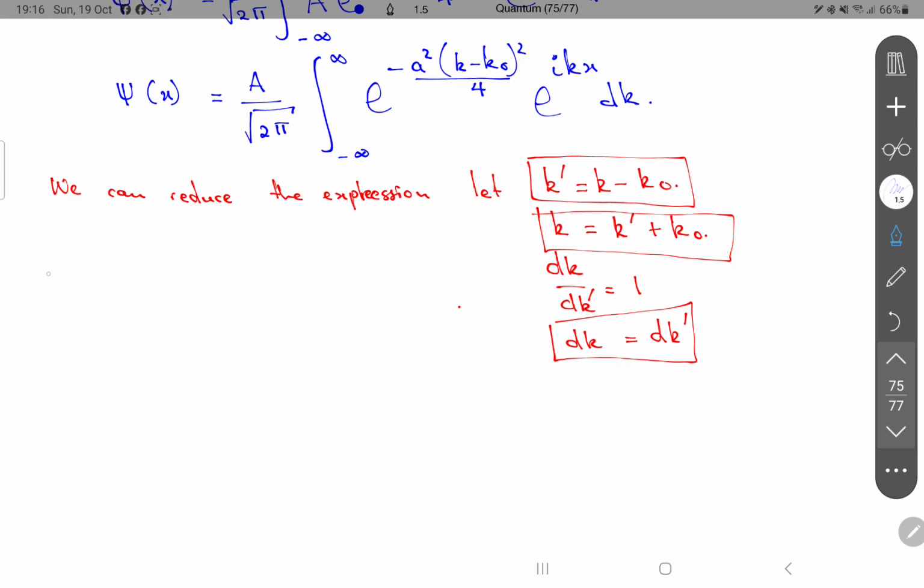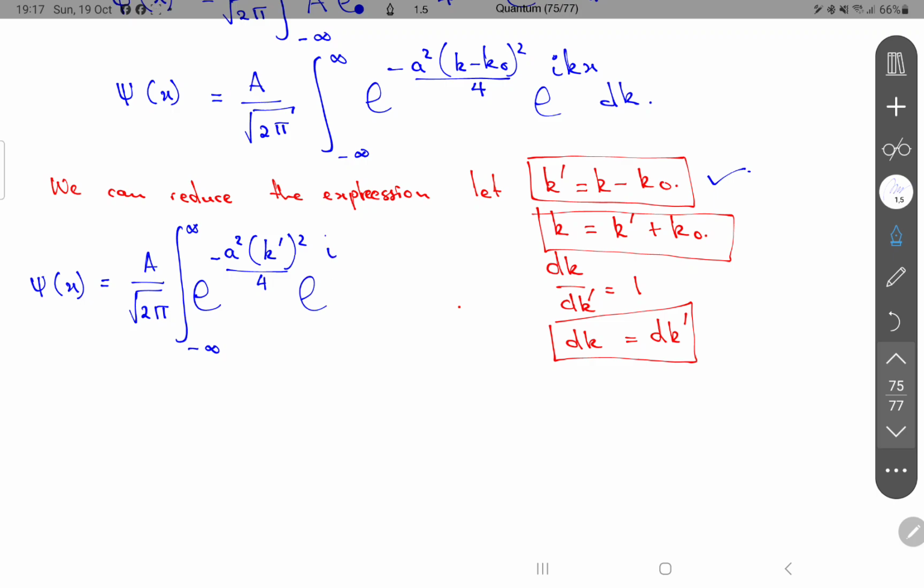So let's write our expression in terms of k prime. Psi of x equals A over root 2 pi, the integral from negative infinity to infinity of e to the power negative a squared of k prime squared over 4, times e to the power i.